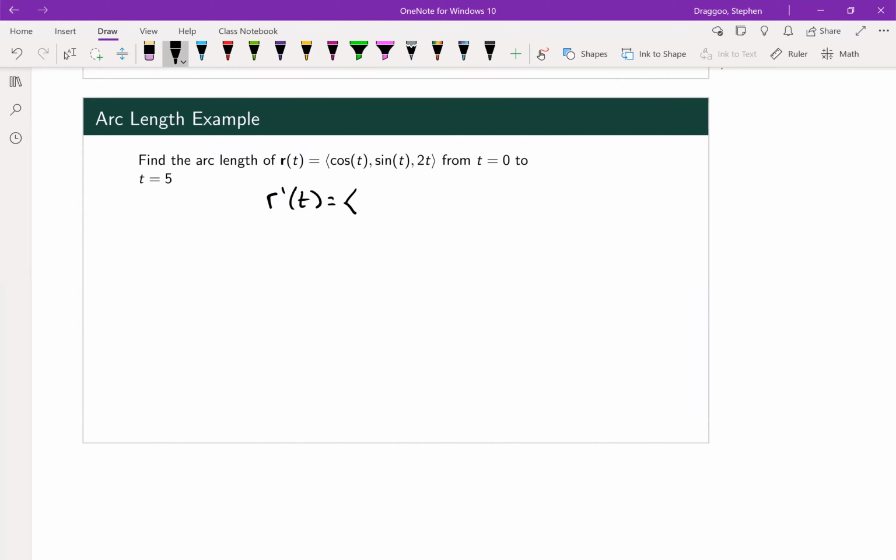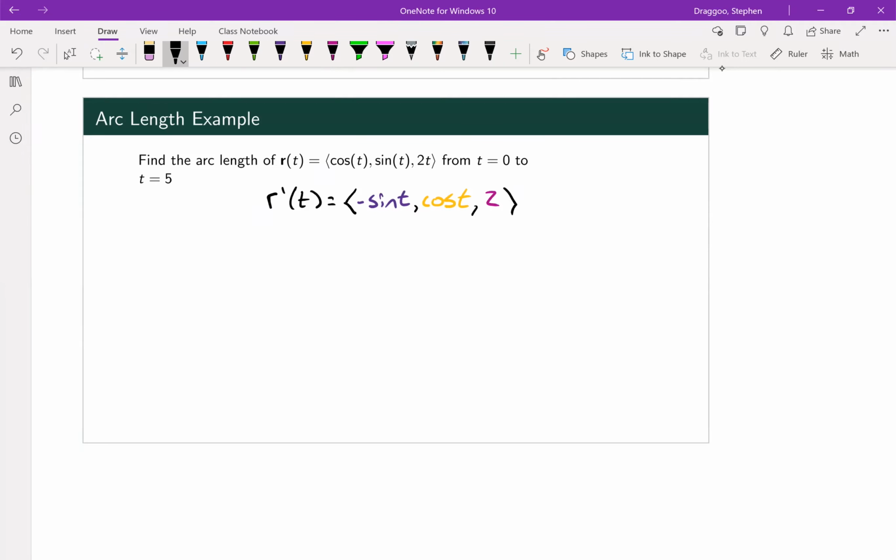So if we put all those together, derivative of cosine is going to be negative sine. The derivative of sine will be positive cosine. And the derivative of 2t is 2.